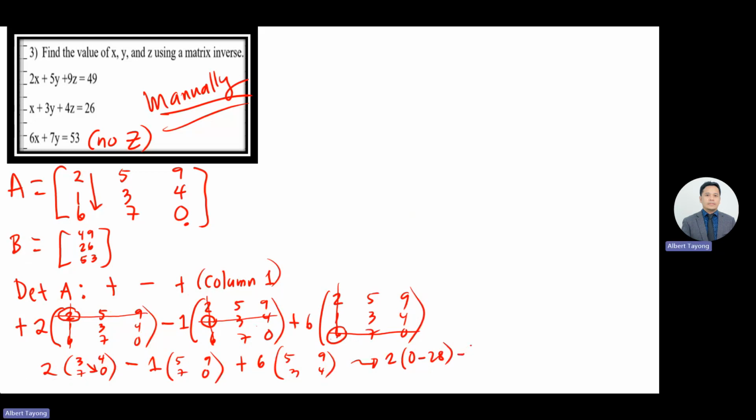Then minus 1, 5 times 0, 0 minus 63, 7 times 9. Then plus 6, we have 5 times 4, that is 20, minus 9 times 3 is 27. So please use your calculator and give me the answer.